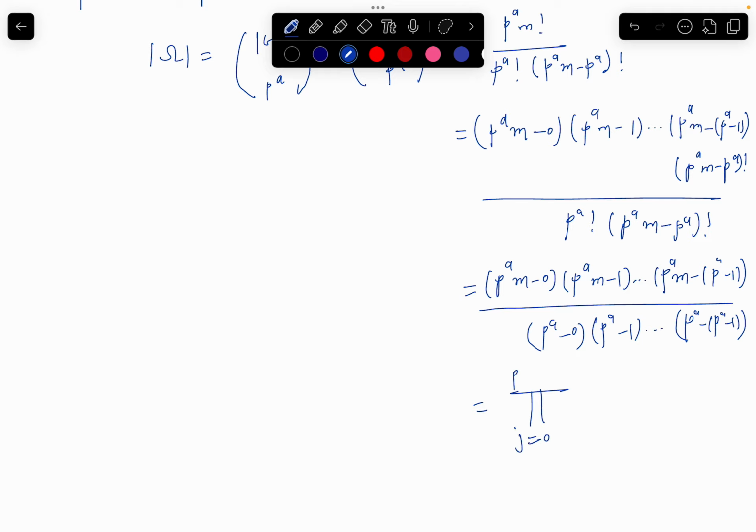That is the product over j equal to 0 to p power a minus 1 of (p power a m minus j) over (p power a minus j).